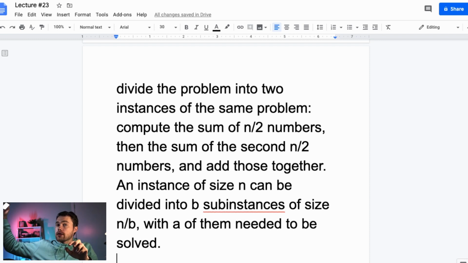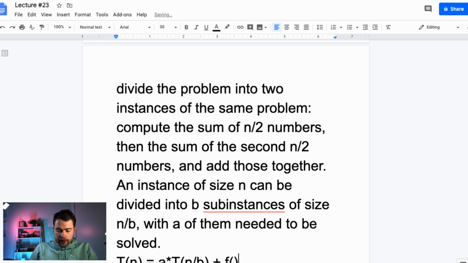So it usually looks like this: T of n is equal to a times T of n over b plus f of n.